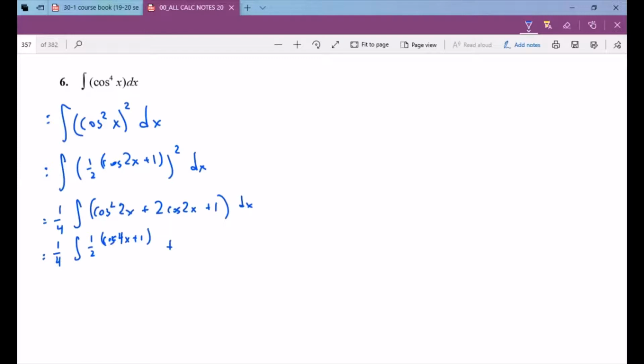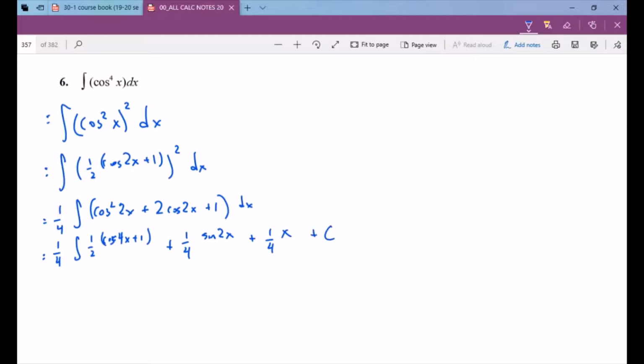There's 1/4 that was sitting up front. And this ends up being sine 2x, we're dividing it by 2, but we're also multiplying by that factor of 2. And then the plus 1, which is just 1/4 x.